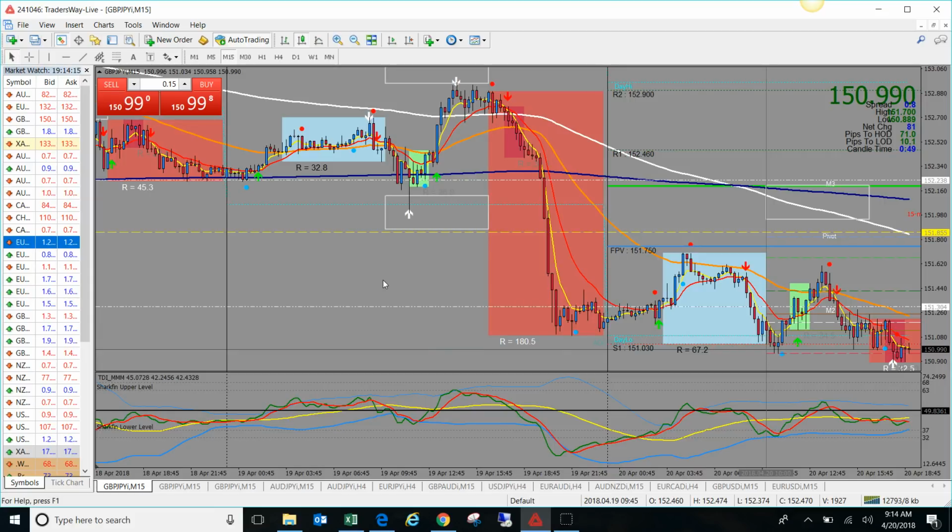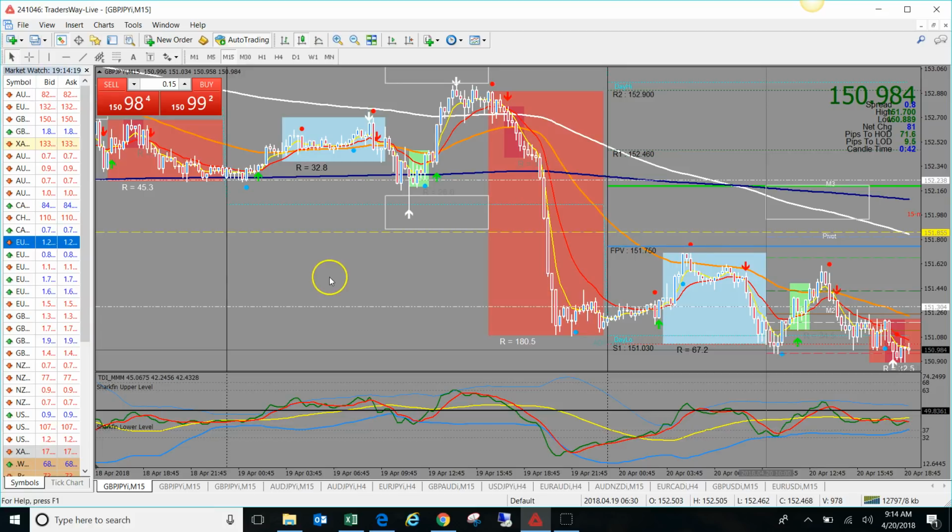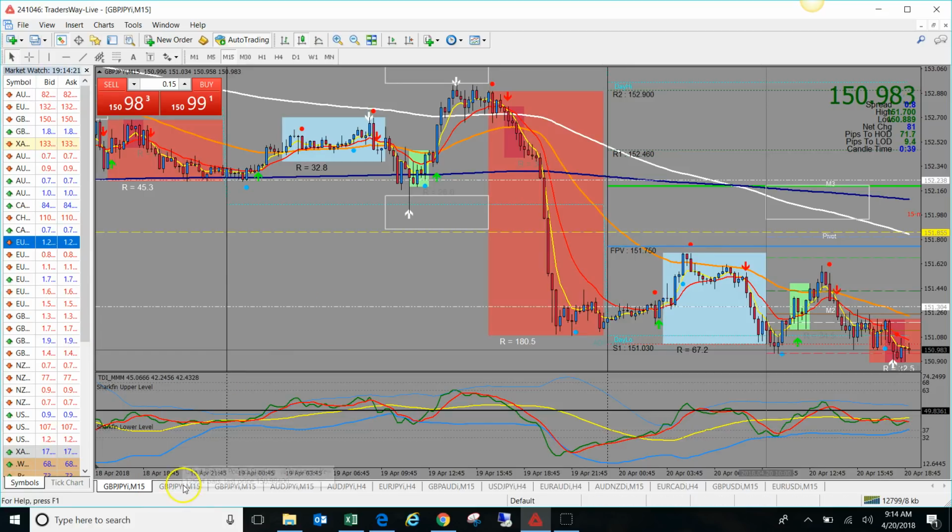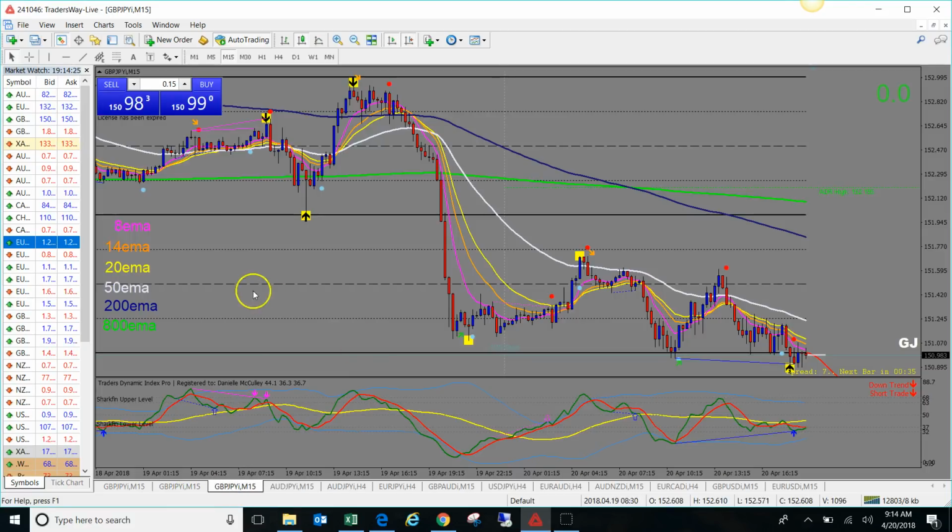I still struggle with my entries sometimes. Sometimes I can be on point, and then everything I know just goes out the door. And then I'm like, what was that about? But if you're patient and you look for those wicks or pins to the MAs, you'll be surprised at how well your entries can be.